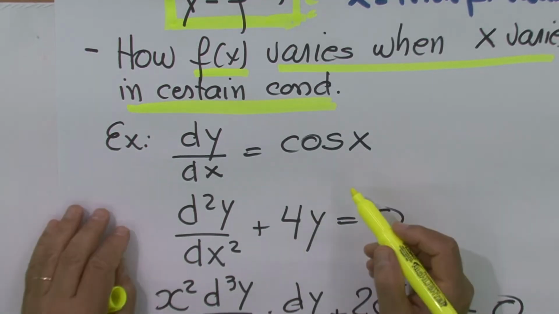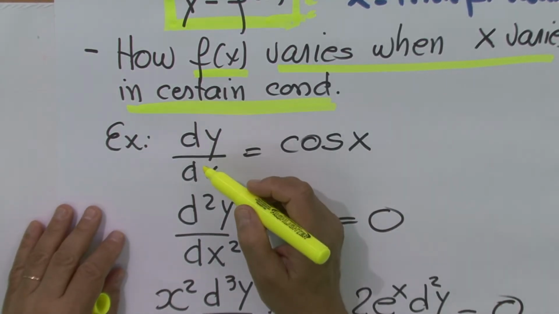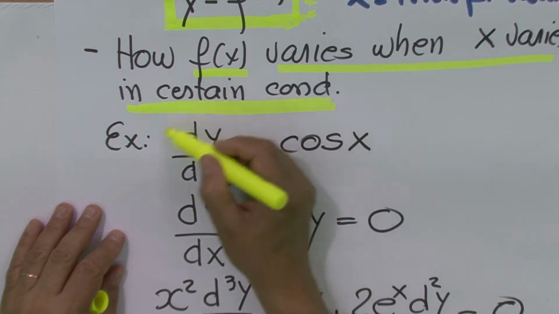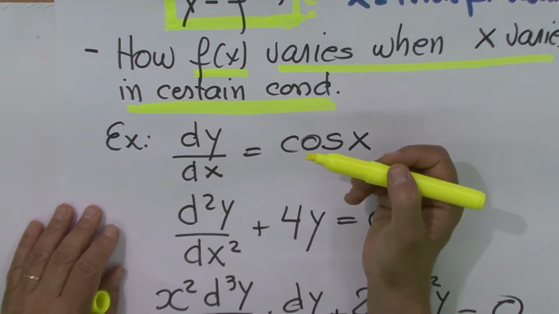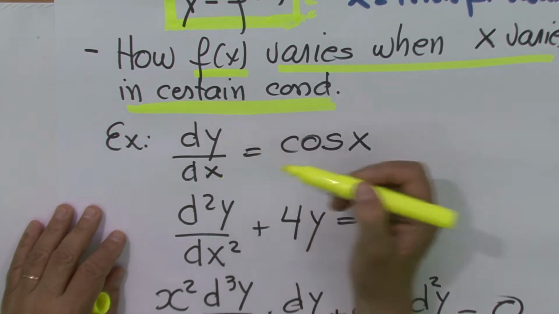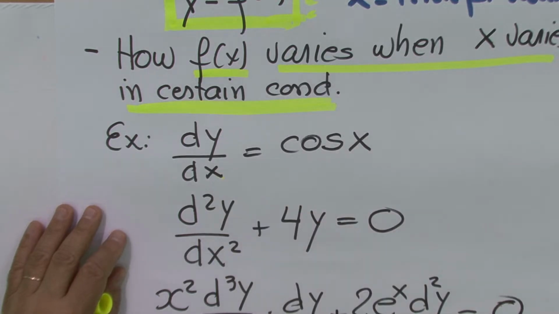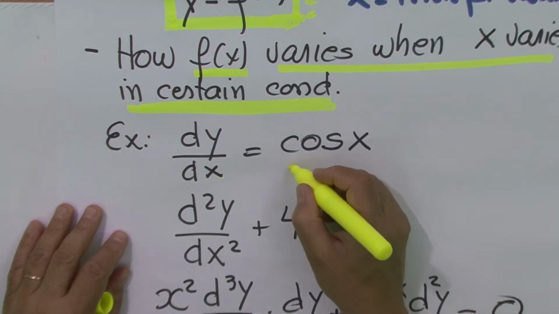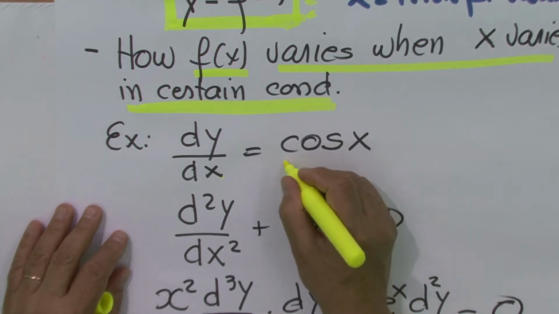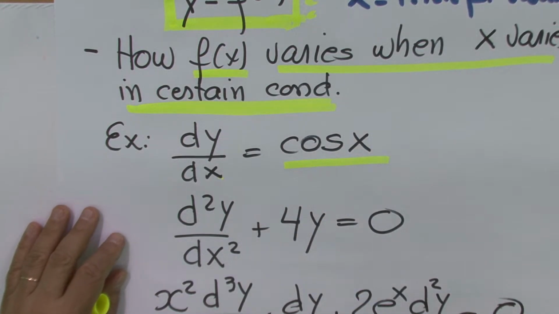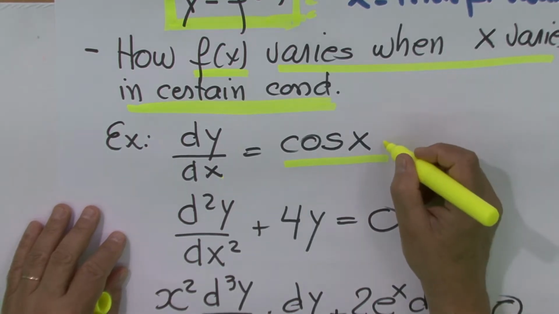Sometimes what I know is the relation involving the first derivative, or how this quantity I'm looking for varies with the variable x. And here is an example. It oscillates with this x, represented by a cosine.